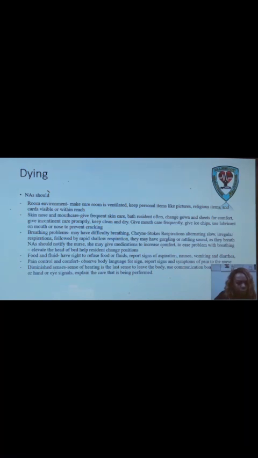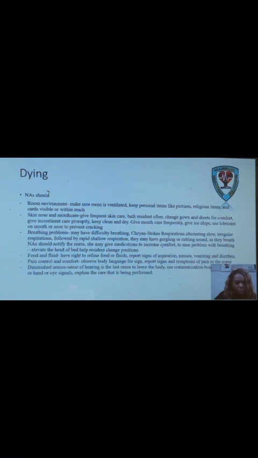Some residents, when they are dying, experience breathing problems. They may have difficulty breathing. Cheyne-Stokes respirations are common. This is the alternating between slow, irregular respirations followed by rapid, shallow respirations. They may have a gurgling or a rattling sound as they breathe as death nears. The nursing assistant should notify the nurse if you hear this gurgling, this rattling sound.